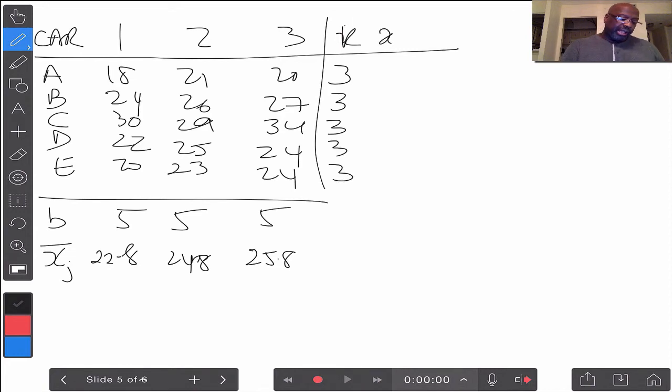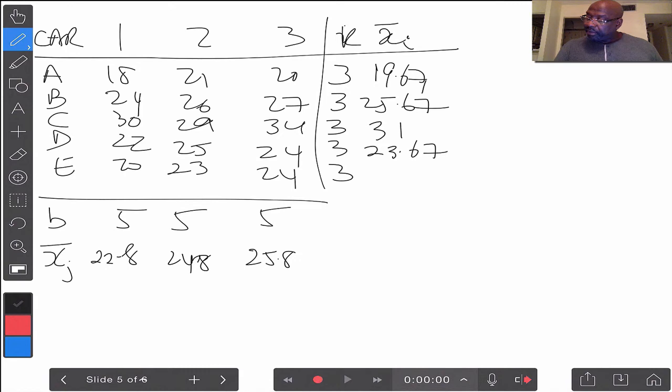And then we have to calculate the sample means for each row. Just add them up, divide by 3, and we have the following values: 19.67, 25.67, 31, 23.67, and 22.33.